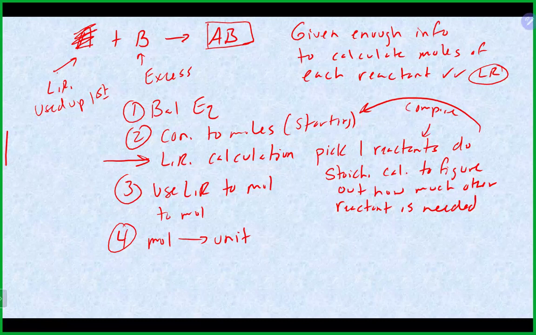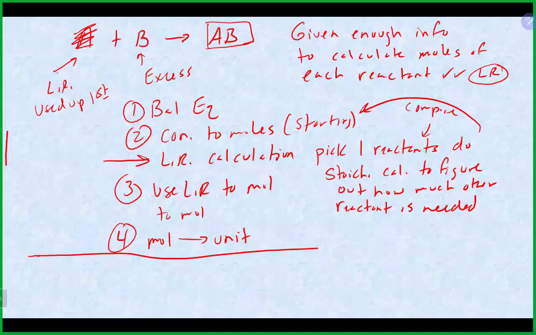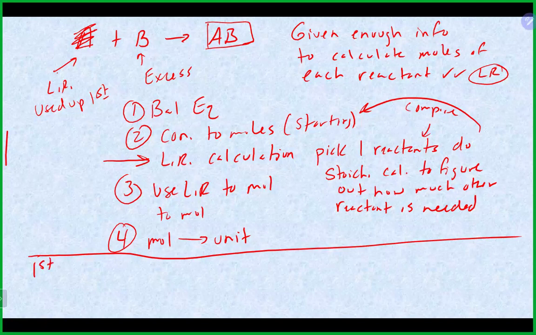Again, like we talked about, it pretty much fits in with our basic stoichiometry steps. The other way that we talked about that you could do this, which is commonly taught these days, is you just basically do two separate calculations. Take the first reactant and do a stoichiometry calculation, those 4 steps, all the way through to the product.